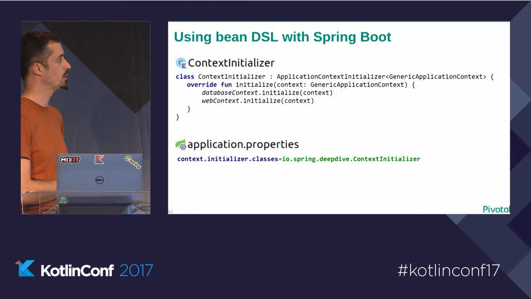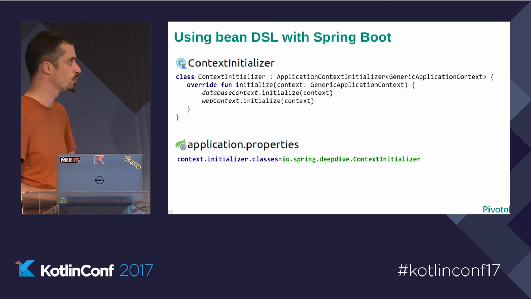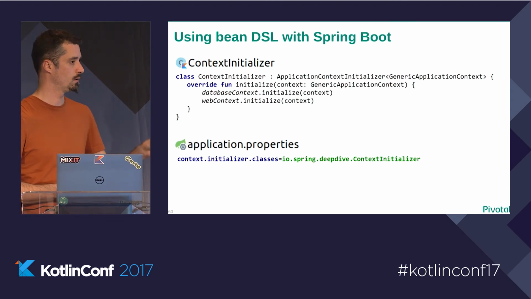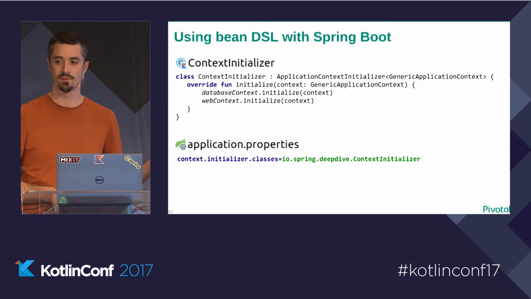So in my application, usually I create various contexts for web, for database, to be able to enable just one of the two or the two, to be able to control that. And I reference that as context.initializer.classes. There is another way in the run application lambda that I have shown before with the banner, but the issue is that it will not be taken into account for tests, so I prefer this way.